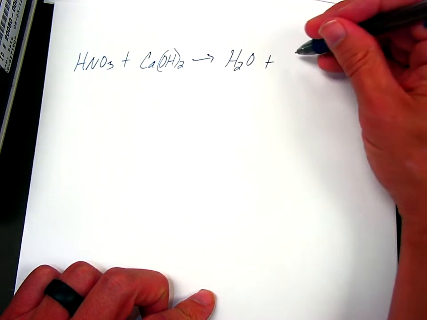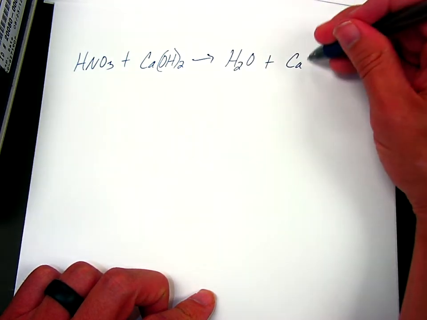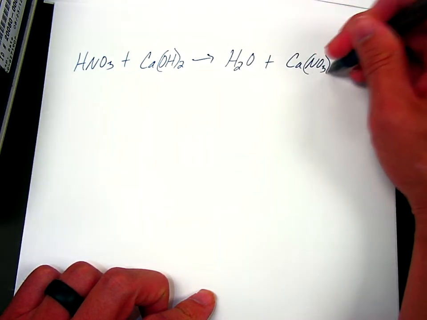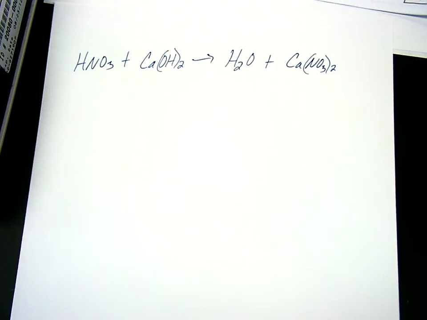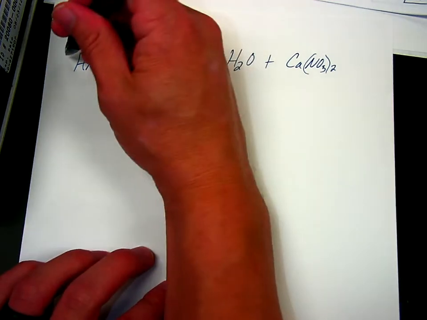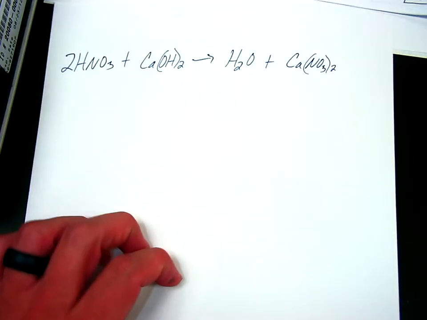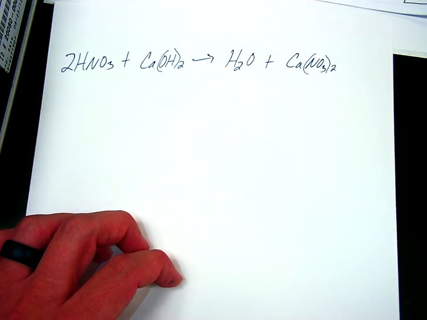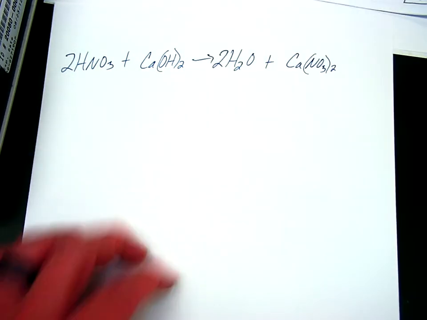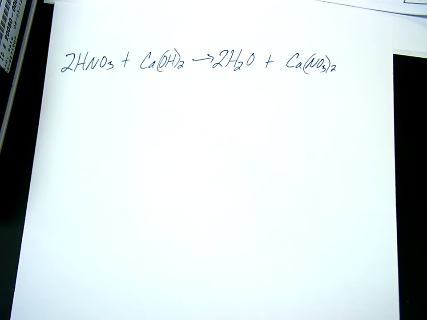After the ion swap, it's going to create calcium nitrate, which is going to be the salt. In order to balance, I need there to be two nitrates on each side. Now I have 4 hydrogens over here, so I want there to be 4 hydrogens right there, and it will be balanced.